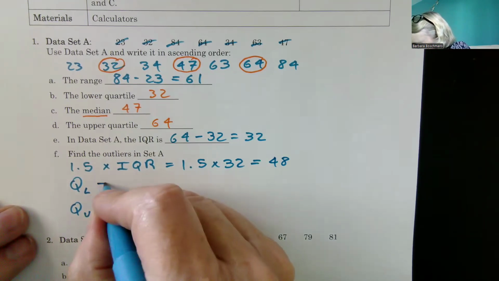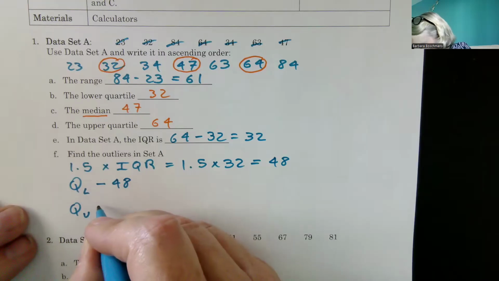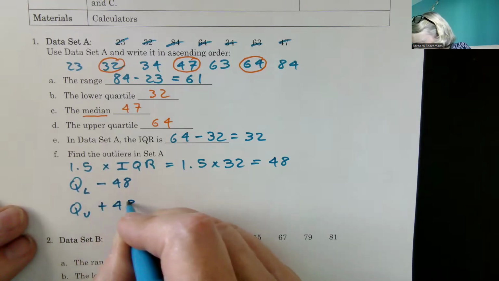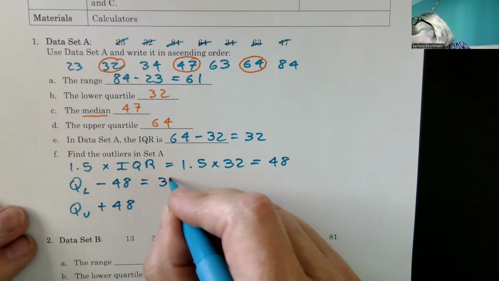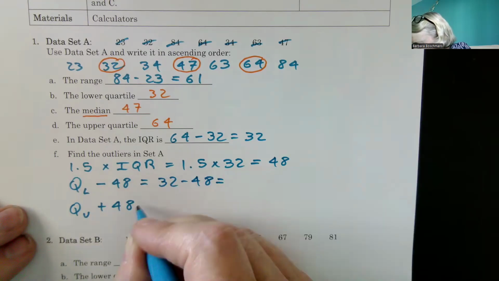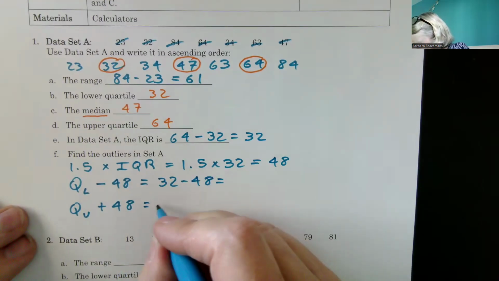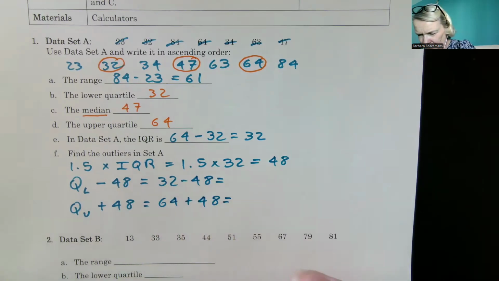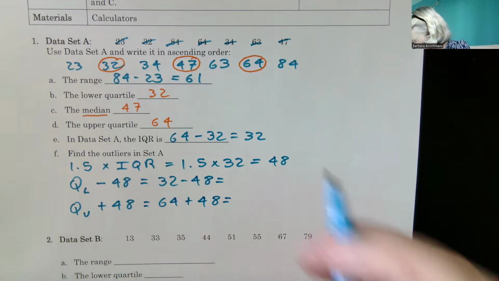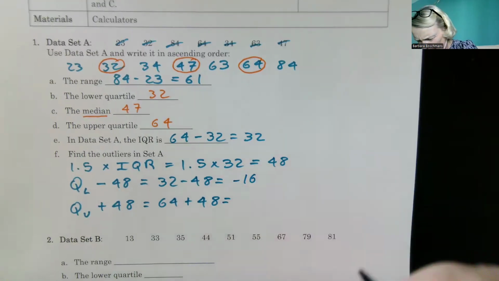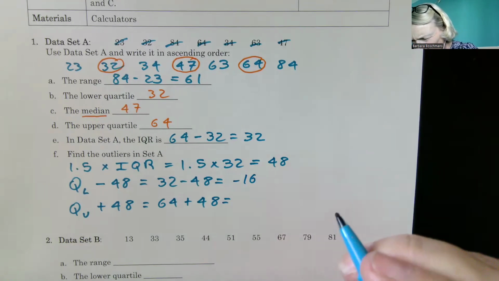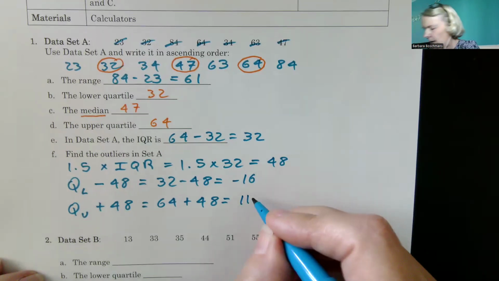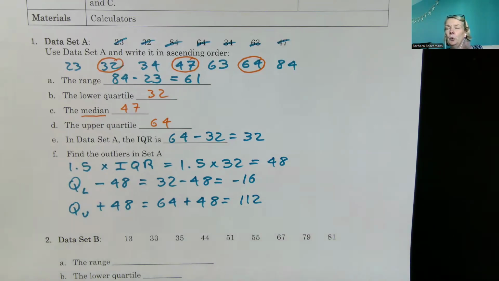You're going to subtract the 48 from the lower quartile and add it to the upper quartile. So I'm going to take 32 minus 48, and I am going to take 64 plus 48. Get negative 16, get 112. An outlier would have to be a number that is outside of this interval.